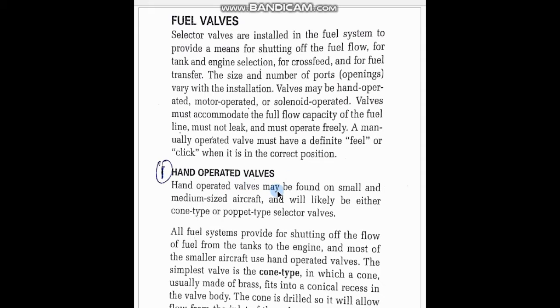Hand operated valves may be found on small and medium sized aircraft and will likely be either cone type or poppet type selector valves. So we have 2 types of hand operated valves. The first one is called cone type and the second one is called poppet type selector valves.